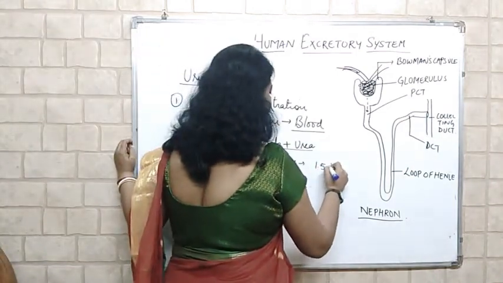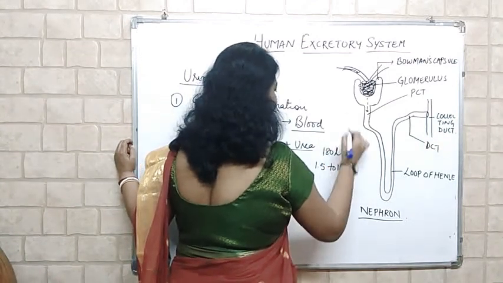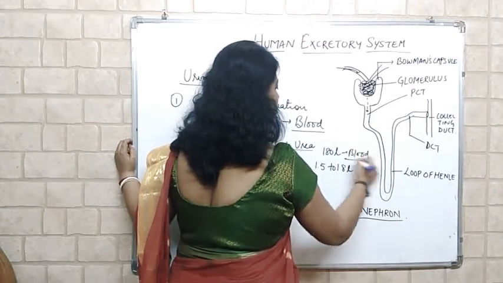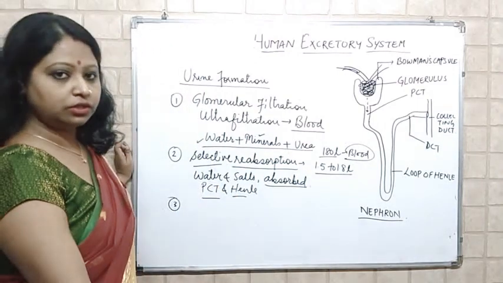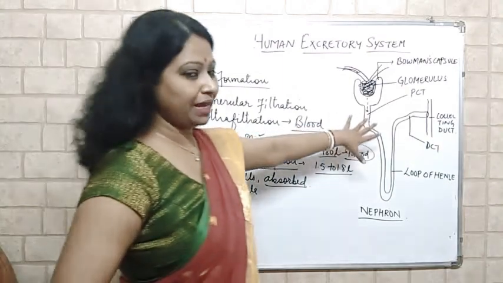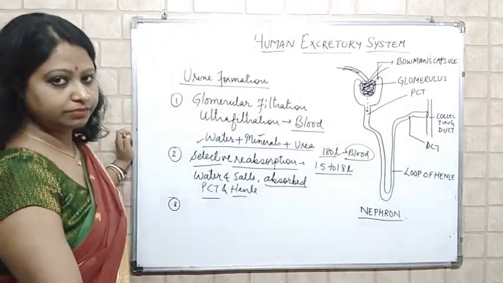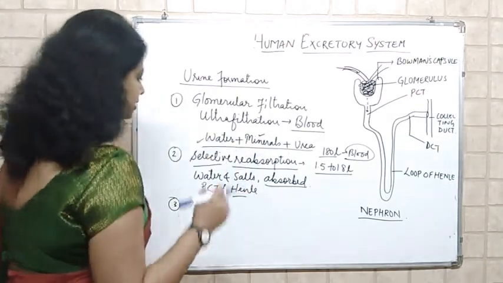Nearly 1.5 to 1.8 liters out of 180 liters filtered. So you can see how much we have conserved. The basic function of the kidney is conservation of water and minerals, which are absorbed here, that's why we call it selective reabsorption.